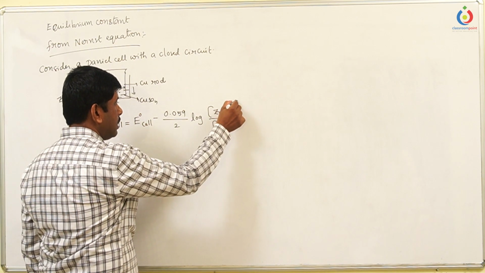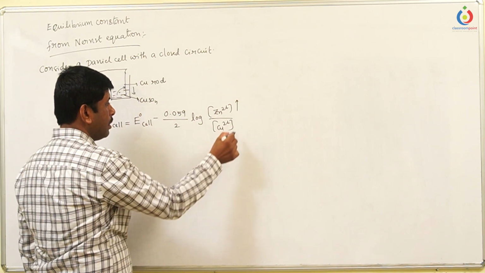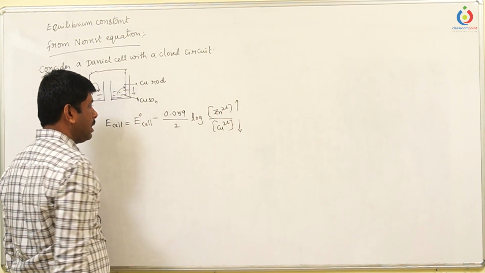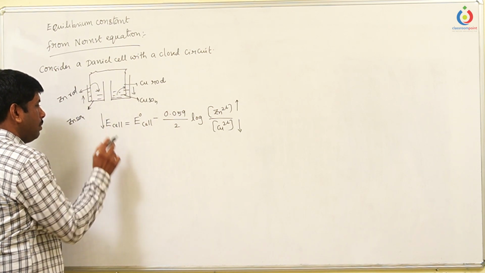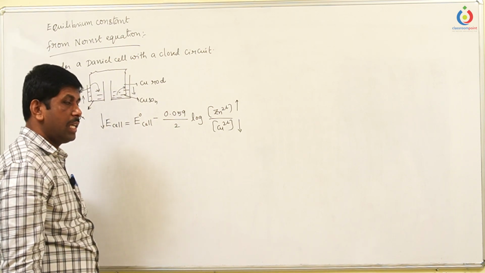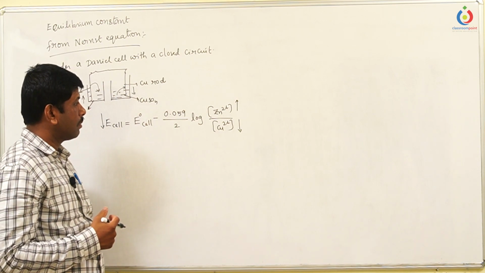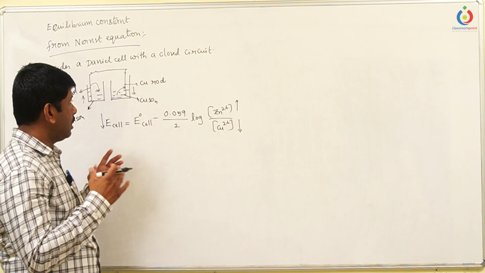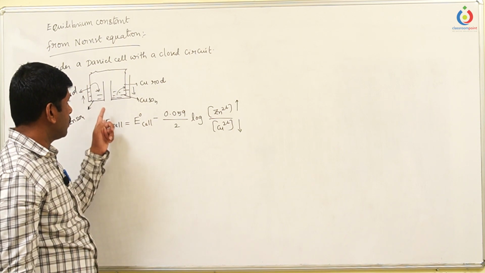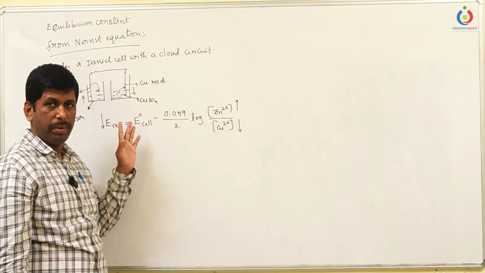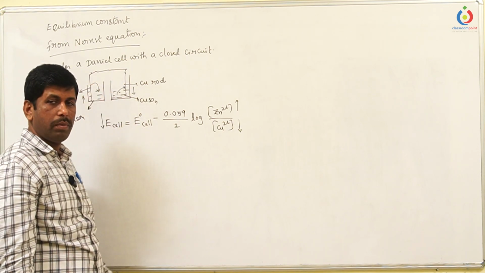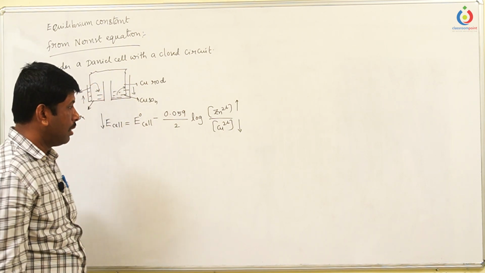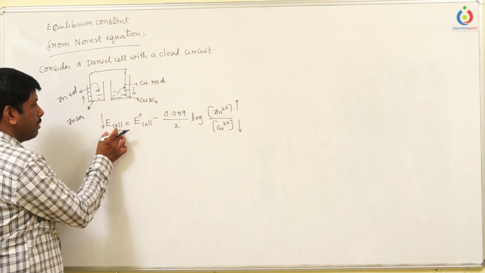So Zn2+ concentration gradually increases and Cu2+ concentration gradually decreases, which results in the E cell value decreasing slowly. This takes place for some time, afterwards there is a stage at which no cell reactions happen. No cell reactions means no potential is developed. Automatically E cell value becomes 0.